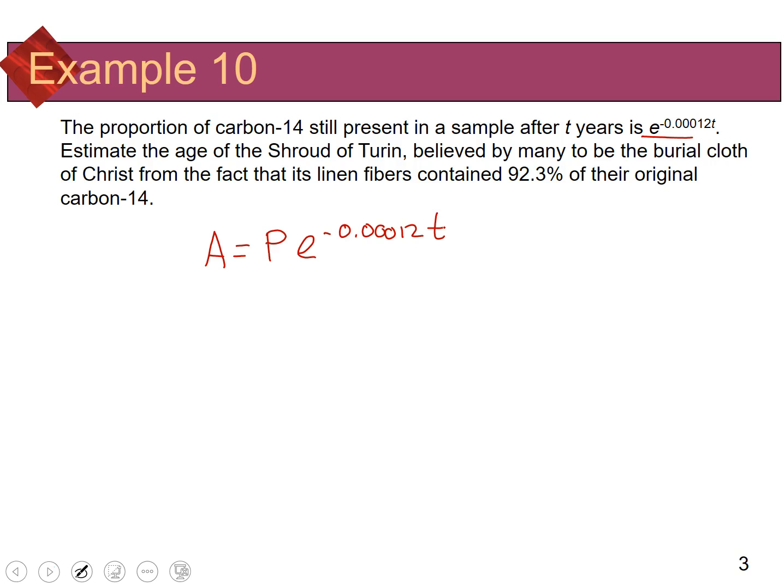So we know that essentially, if P is the original amount of carbon-14, the final amount right now is about 92.3%. So it's going to have 0.923 times P as far as the amount it has now.